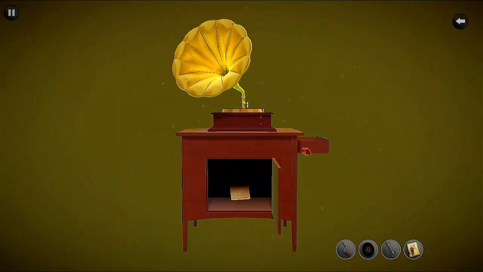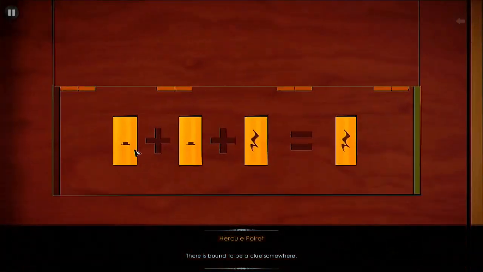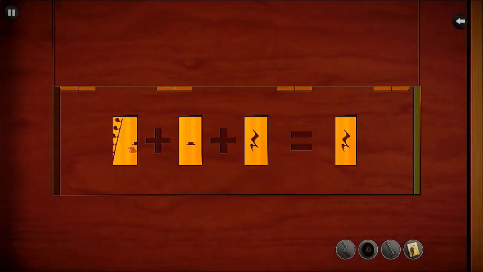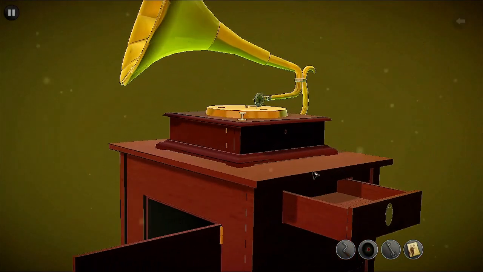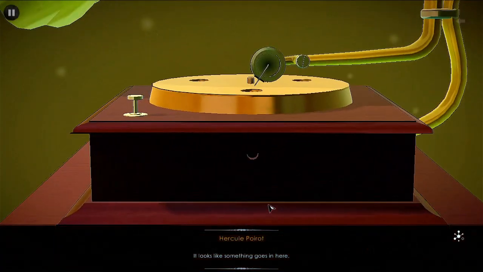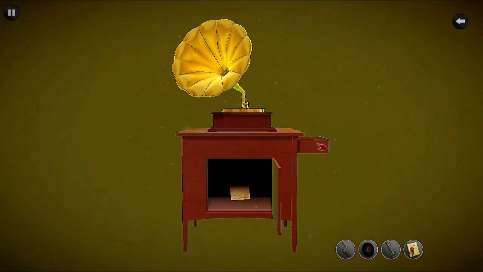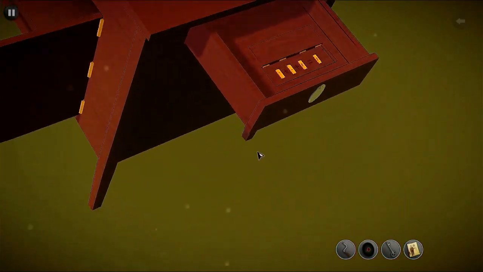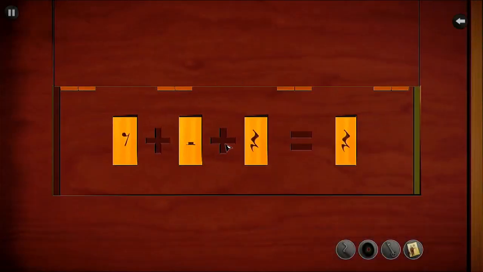Okay, I'm going to try it. It looks like something goes in here. Yeah, the handle. We're going to do that in a minute. There is bound to be a clue somewhere. Okay.